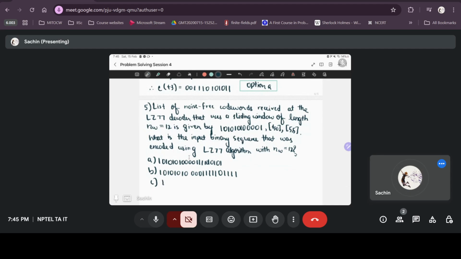So C is 1 followed by 4 zeros 1010 10 10. Option D is none of the above.